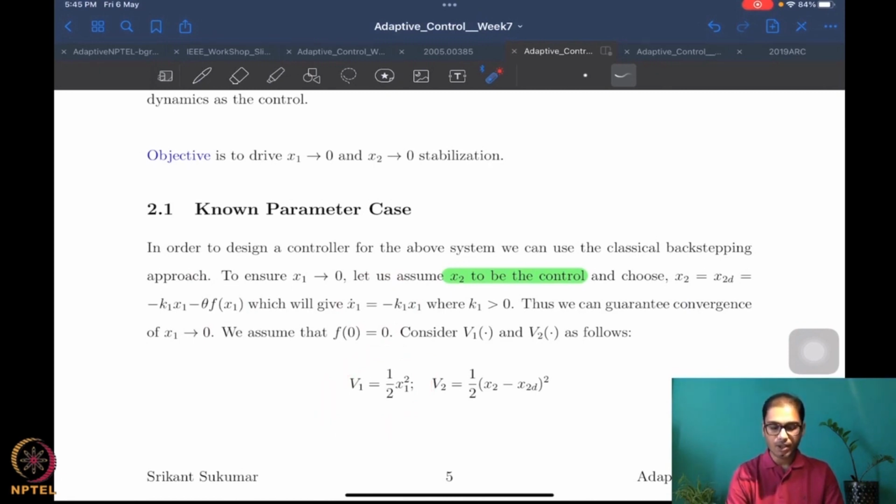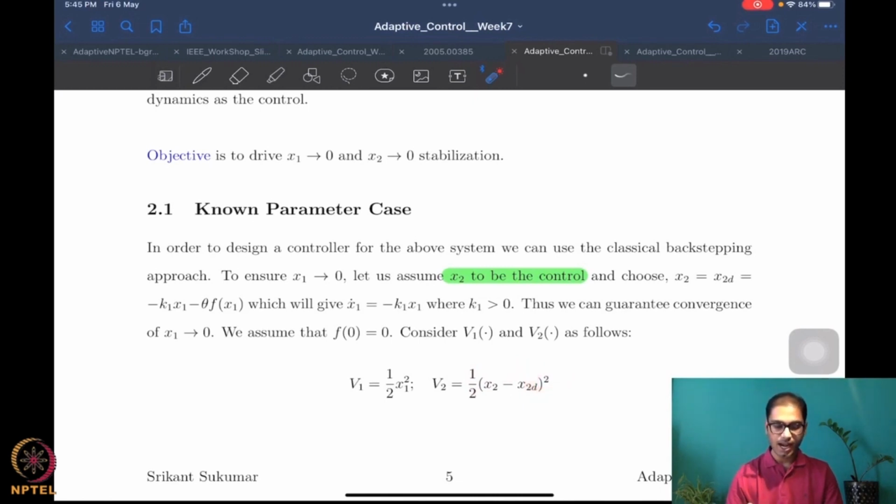Now, because we know that x2 is not identically equal to x2 desired, we try to do the next best thing, that is drive x2 to x2 desired. And this is where we get the motivation for choosing the second piece of our Lyapunov candidate function, and that is the error between x2 and x2 desired and a quadratic constructed out of it.